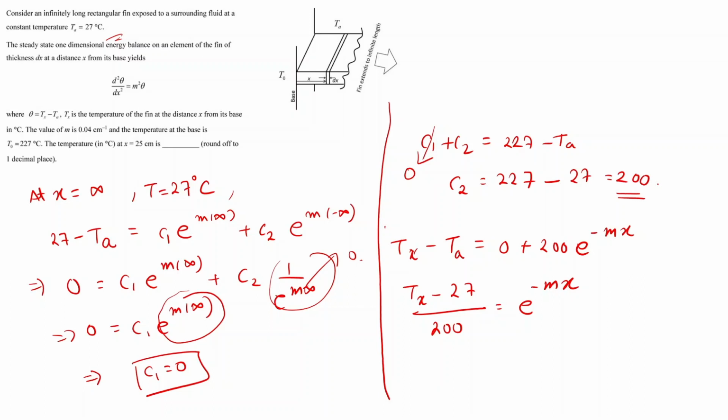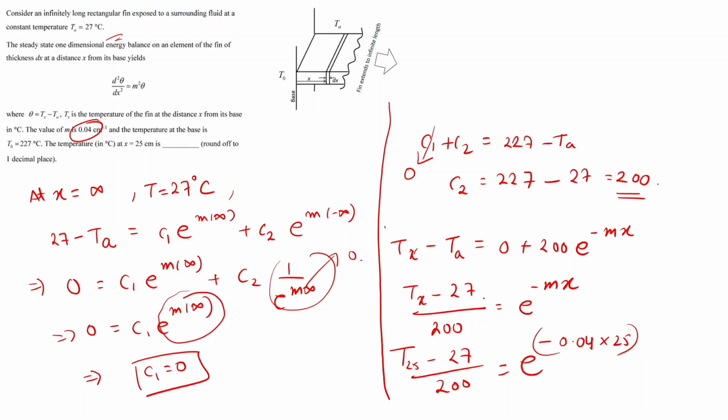Now we have been asked to find the value of temperature at x equal to 25 centimeter. So we will just replace the value of x over there. The value of m we have been given as 0.04. X is 25.